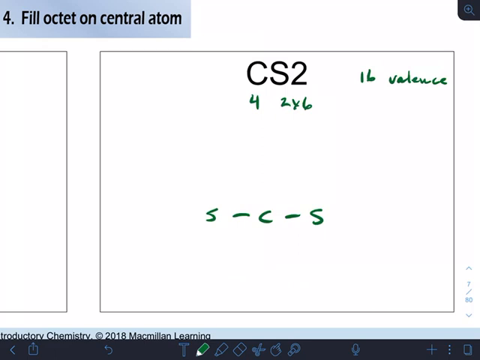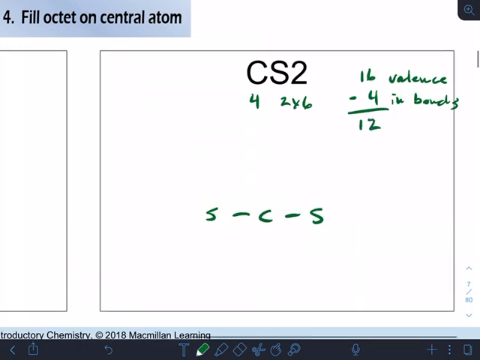Now step 3 says that I'm going to subtract 2 electrons from my total for every bond that I've drawn. I've drawn 2 bonds here, so I subtract 4 electrons for what's in the bonds. 4 electrons in the bonds means that there are 12 left to put in my molecule.